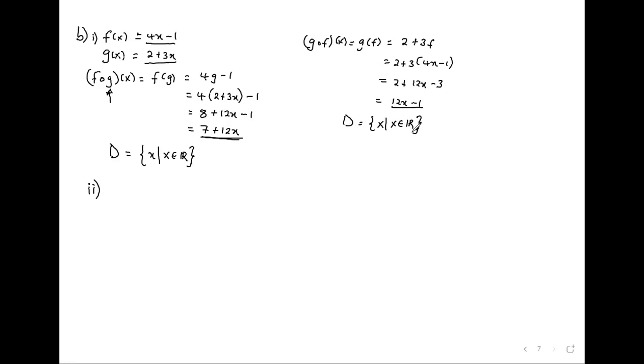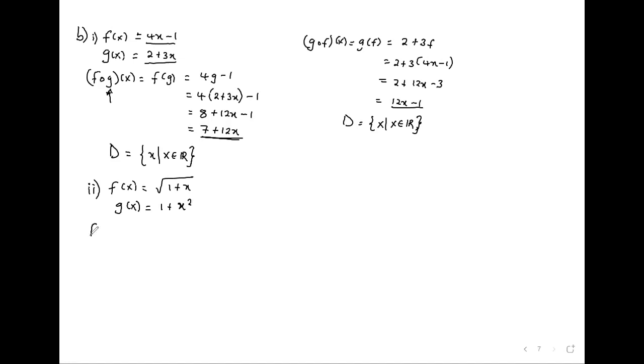Okay, let's go to part B. I think this one will be nice. Part 2, f of x is equal to the root of 1 plus x. G of x is equal to 1 plus x squared. So what do we need to do?